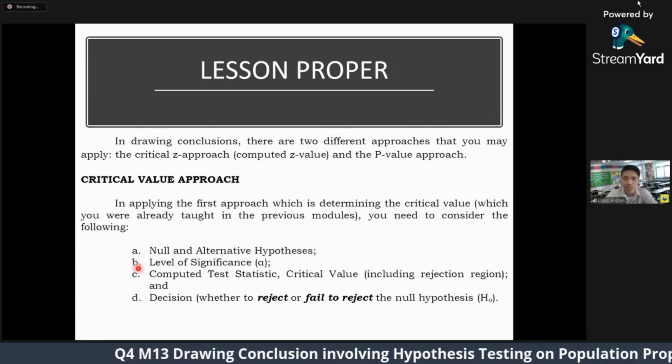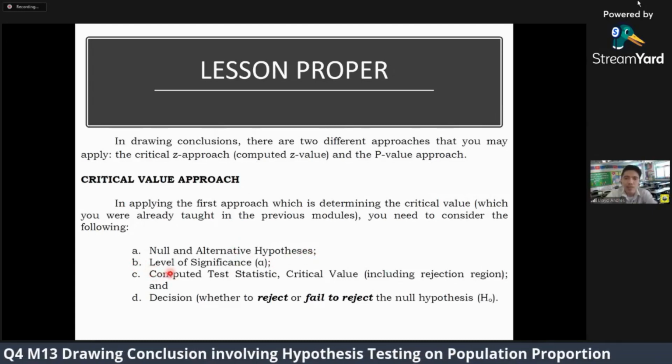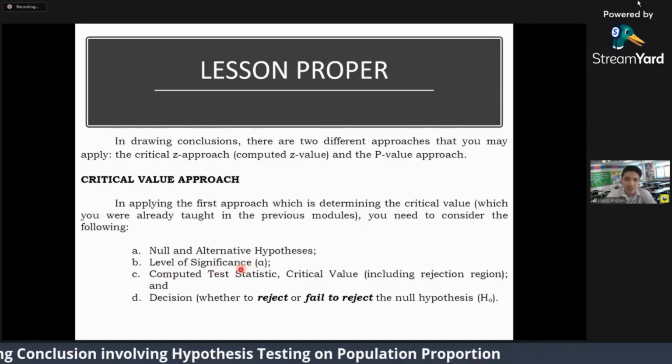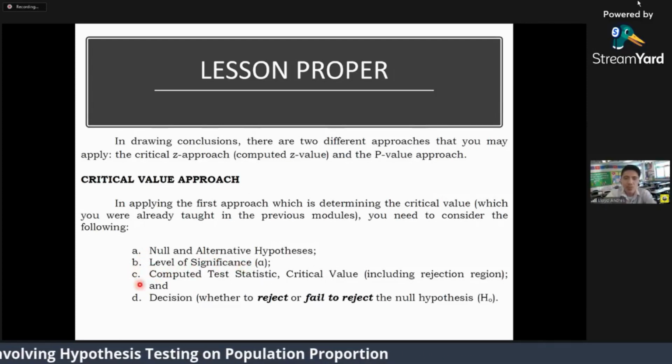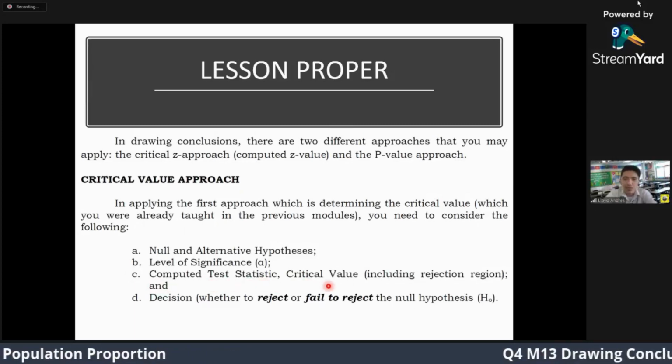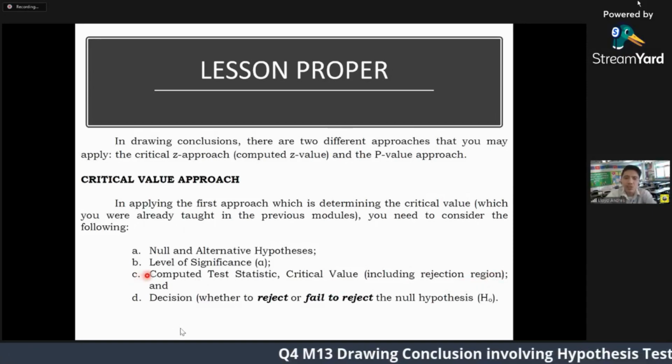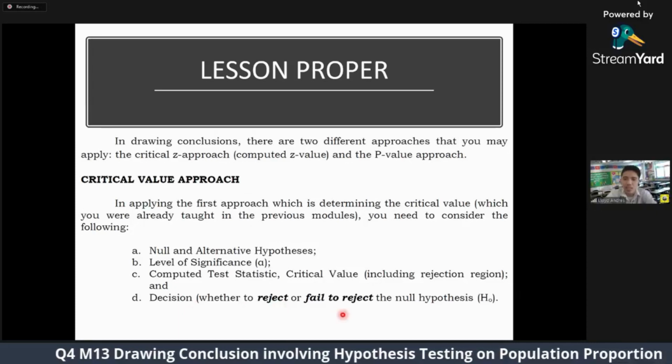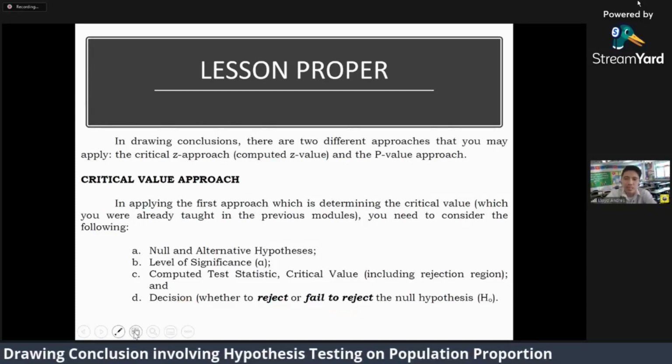Ang gisingitan lang niya is to determine the level of significance. Letter C is compute the test statistic, critical value, including the rejection region, and letter D is to decide whether to reject or fail to reject the null hypothesis.